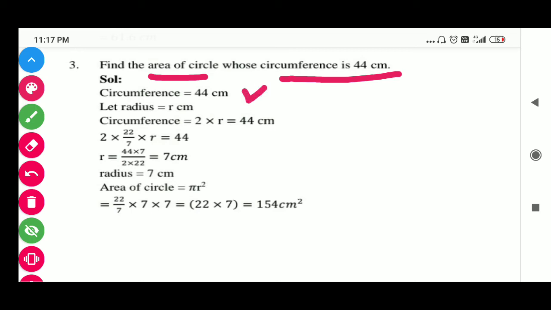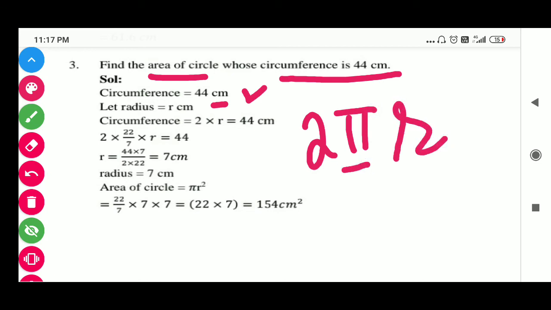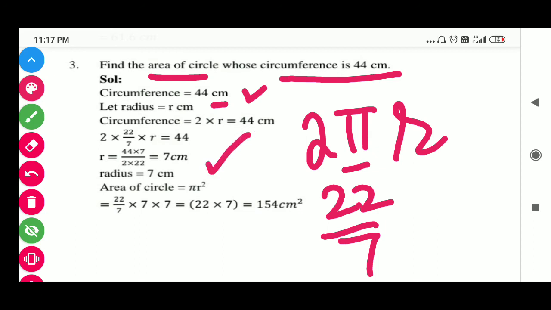Let the radius be r centimeter and formula of circumference is 2 pi r. So here value of pi is 22 by 7. In this way we get r is equal to 44 multiplied with 7 over 2 into 22. So here we get the radius 7 centimeter.